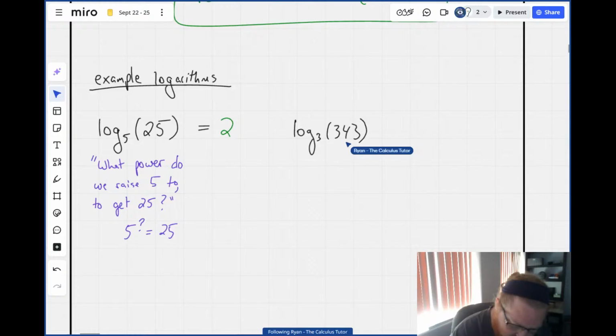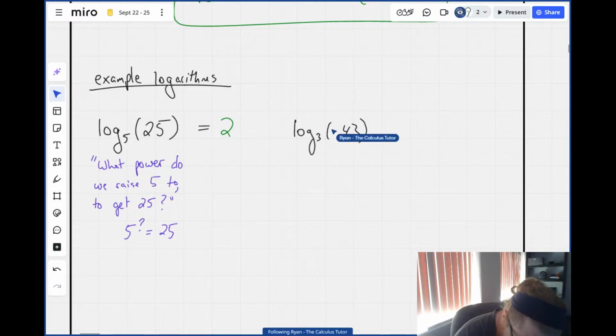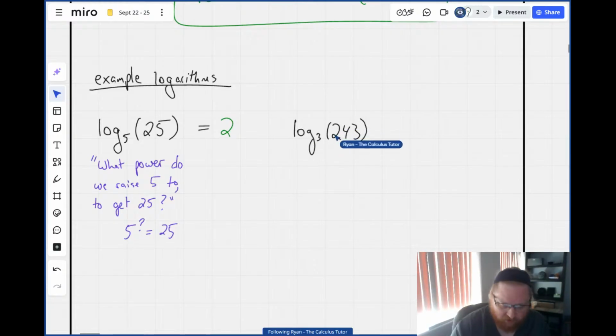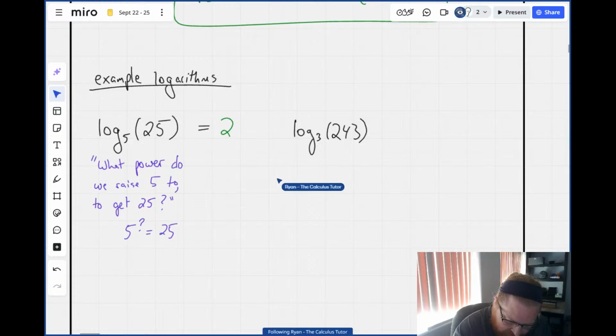I want 243. There we go. Oh, yeah, that makes way more sense. 243. So what power do we raise 3 to get 243? 3 to what power equals 243?